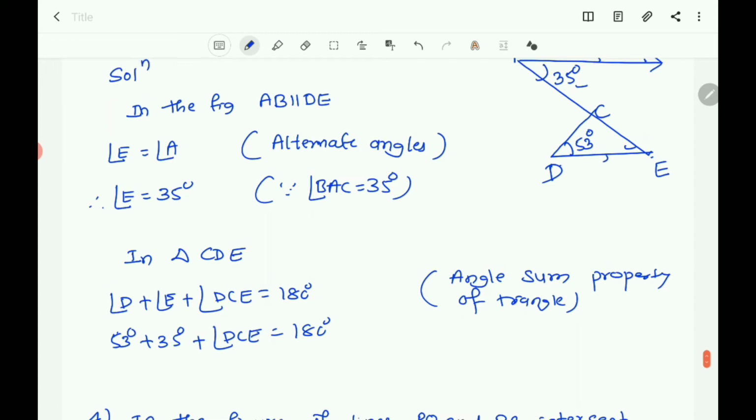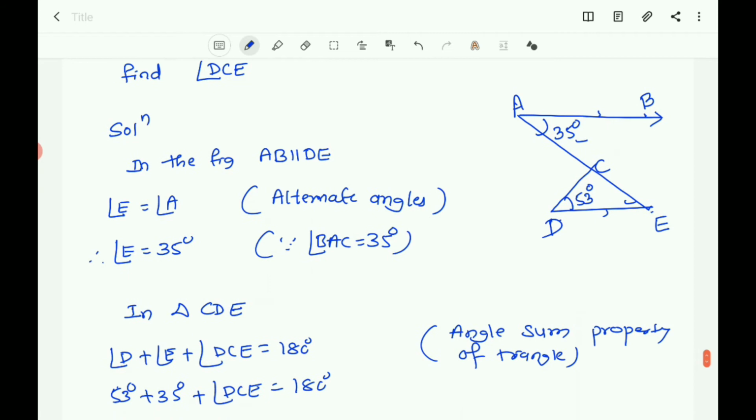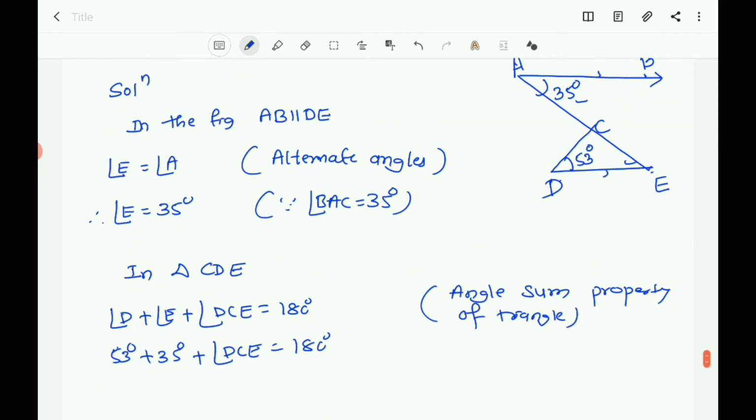So 53 plus 35 is 88 degrees, plus angle DCE is equal to 180 degrees.